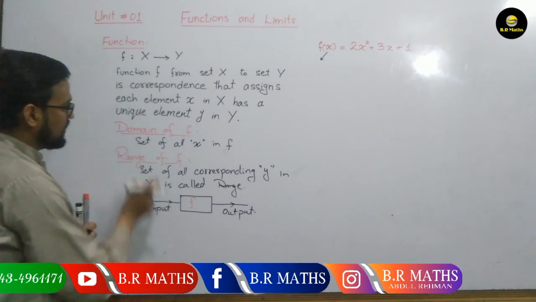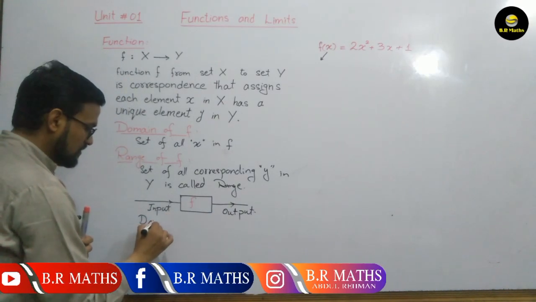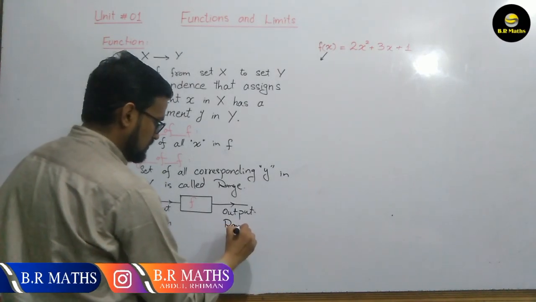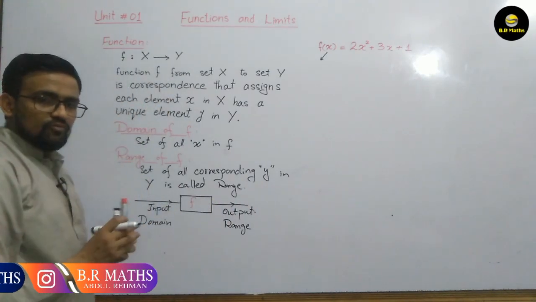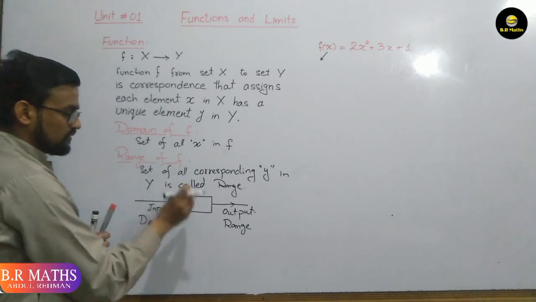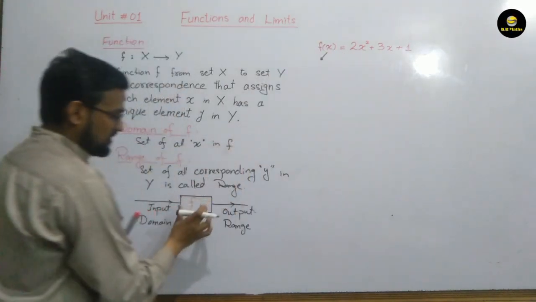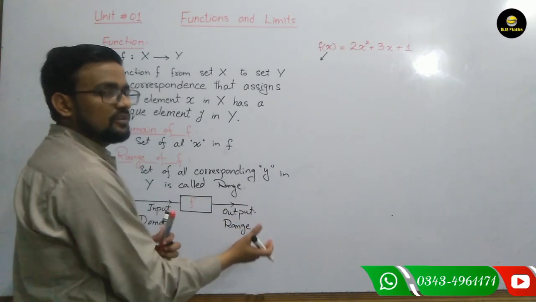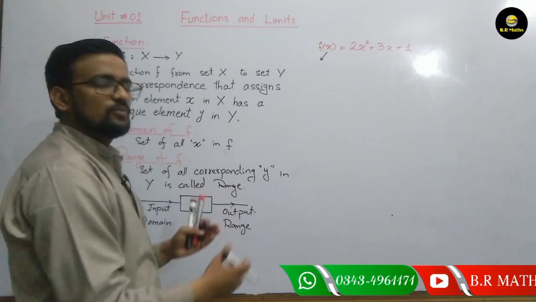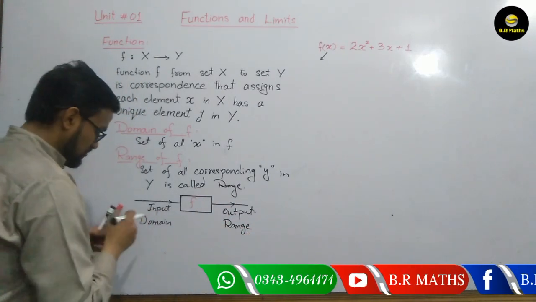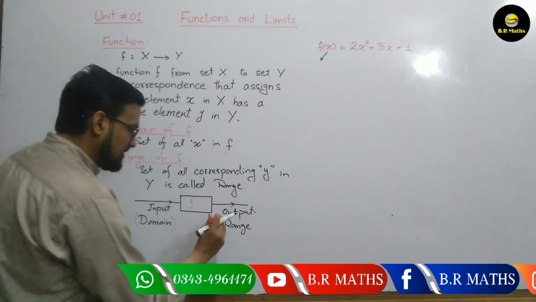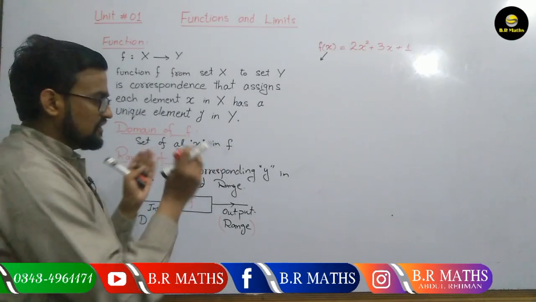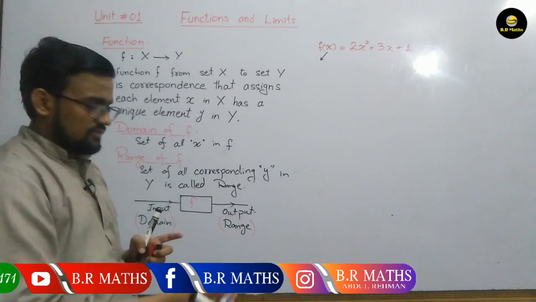So this input is known as the domain, and the output is the range. It means what values you can put in this function, and after that, correspondingly, what is your output, what is the result. That output and result is called the range. So understand the domain and range concept. A function is a relation between input and output, domain and range.